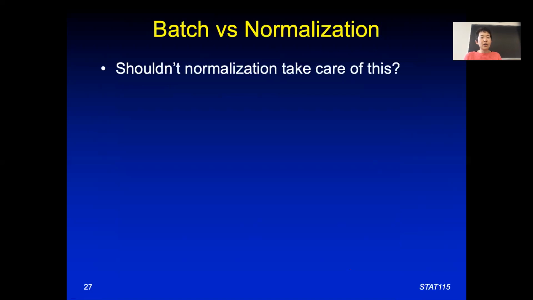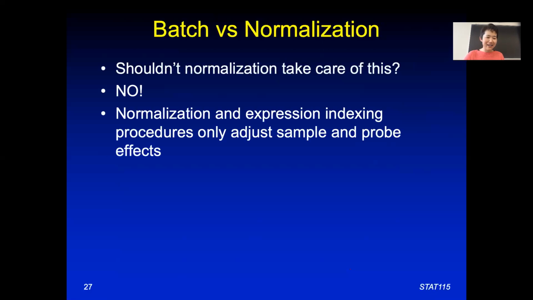But the question is, shouldn't the normalization take care of this? What did we do for normalization before? Quantile normalization in RMA, right? Didn't we get rid of this? No, it doesn't.